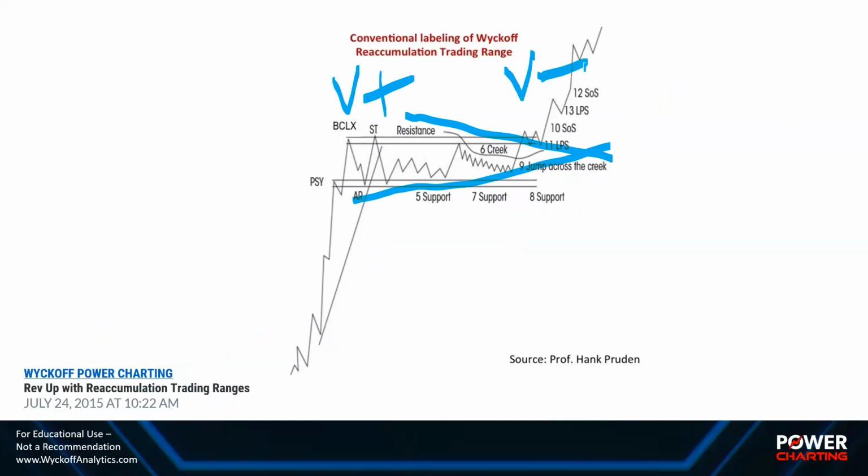And that is a classic circumstance as reaccumulation matures to the point where it's ready to return to markup. If it's distribution, this is very important. I'm covering a lot of ground very quickly here, but there's a lot of historic material that you can turn back to look at on these concepts, and we'll talk more in the future about it.